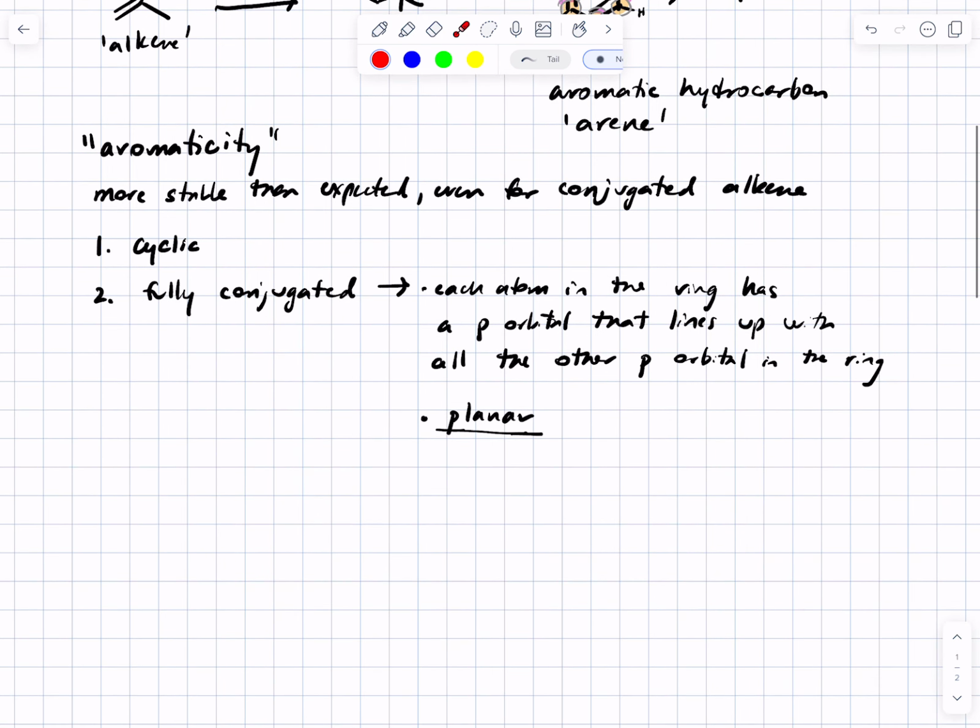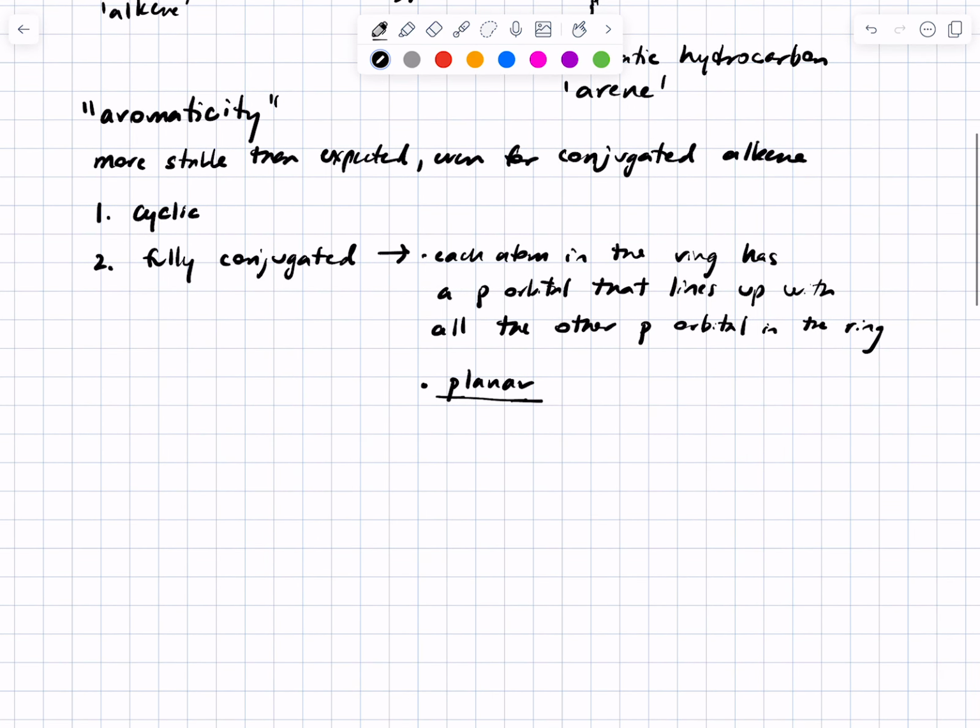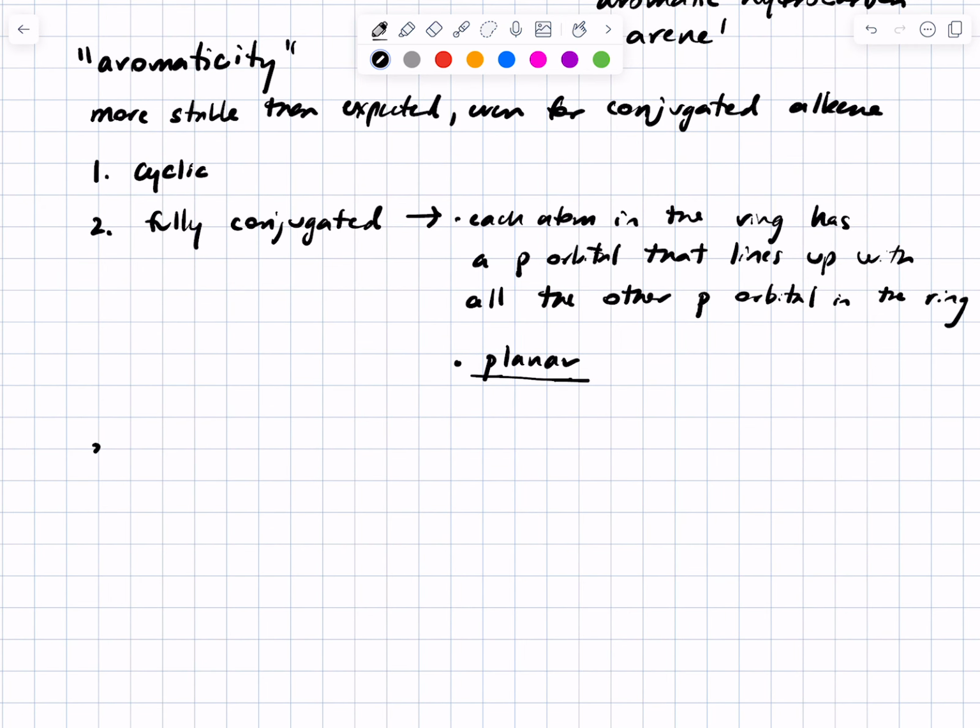Okay, and then finally, the last aspect is you have to have the right number of electrons involved in that system of pi orbitals.